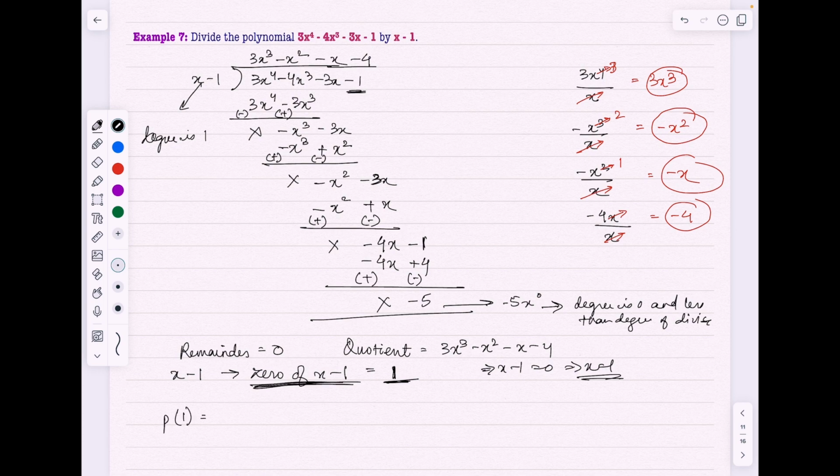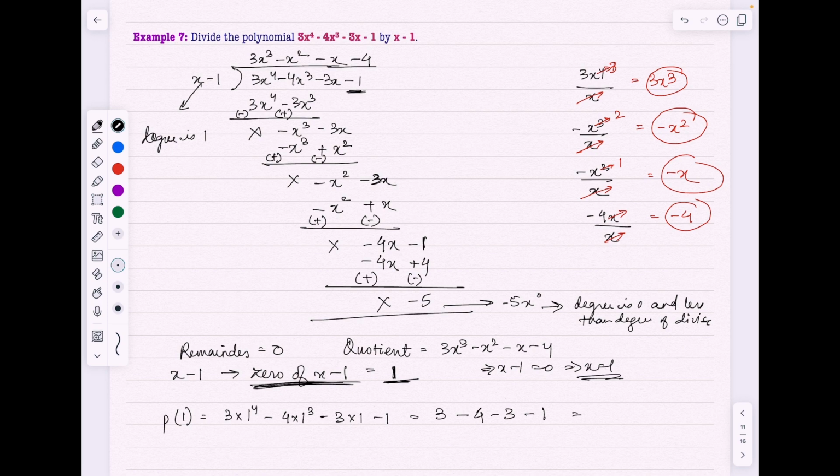Now the value of the dividend at 1, whether we are getting minus 5 or not, we have to check. See, the dividend is 3 into 1 to the power 4 minus 4 into 1 to the power 3 minus 3 into 1 to the power 1 minus 1. Getting it? 3 into 1 to the power 4 is 3, minus 4 into 1 to the power 3 is 4, minus 3 into 1 is minus 3, and minus 1. The 3 and minus 3 cancel.